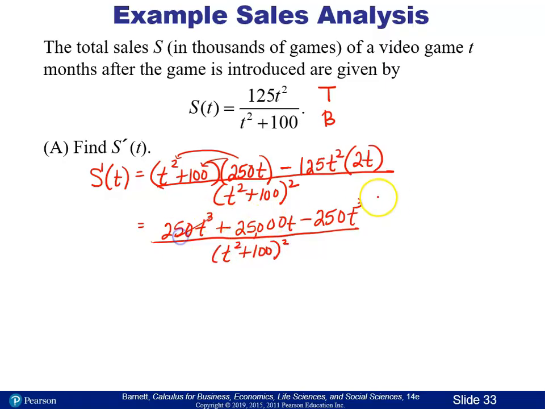So what you can see is, and this happens a fair amount of the time, you get that cancellation there. Okay, so we get 25,000t over t squared plus 100 and that whole quantity squared. So that's going to be our derivative.